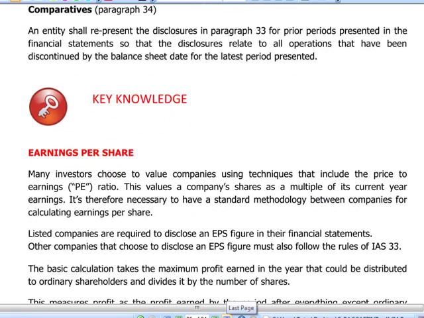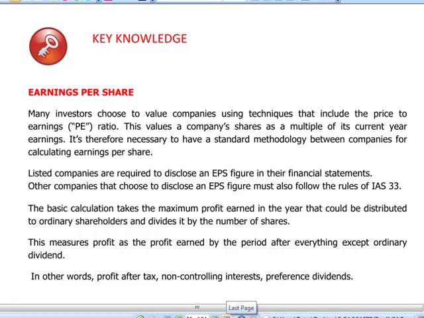Another standard which has a predictive value for our users is IAS 33, earnings per share. Only quoted companies are required to follow the requirements under IAS 33, but this standard can be applied also by non-quoted companies, but if they choose to do so, they should fully follow the requirements of IAS 33.